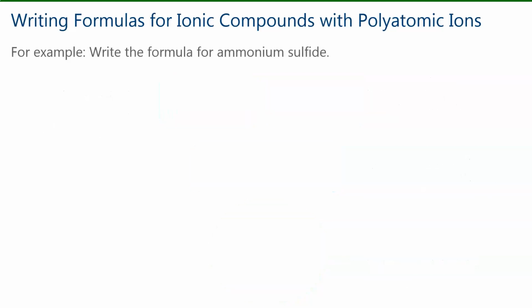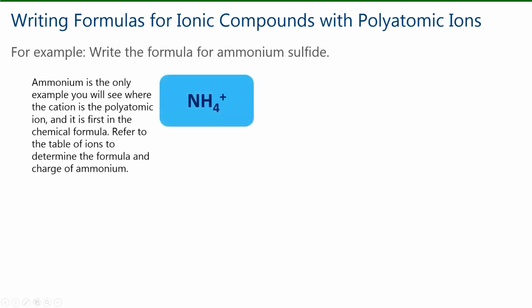Our next example asks us to write the formula for ammonium sulfide. Ammonium is the only example you will see where the cation is a polyatomic ion, and it's the first in the chemical formula. Refer to the table of ions to determine the formula and charge of ammonium, which is NH4 with a positive charge.